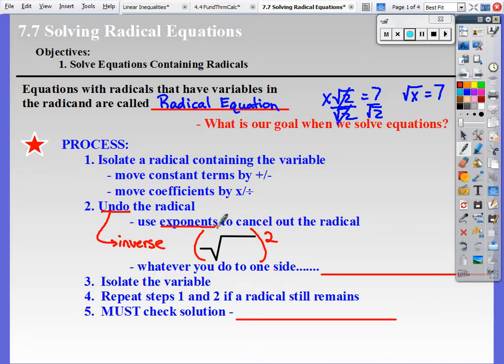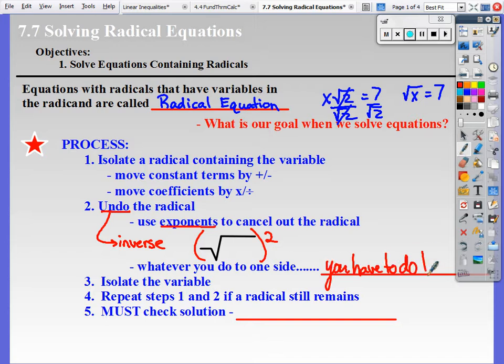We're going to use exponents to cancel out radicals. So square roots will go with squares, and maybe we'll have a cube root once in a while. Well, we'll want to cube a cube root in order to peel off that radical to get to the variable. What you need to remember, though, is whatever you do to one side of the equation, you have to do to the other.